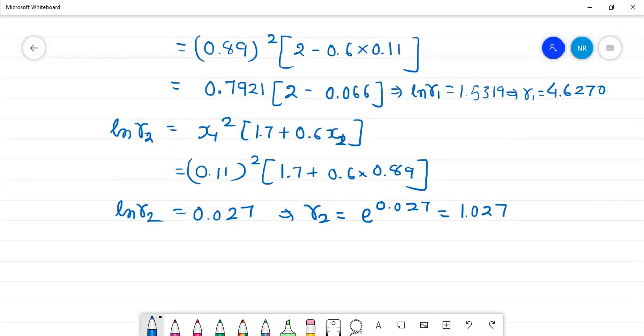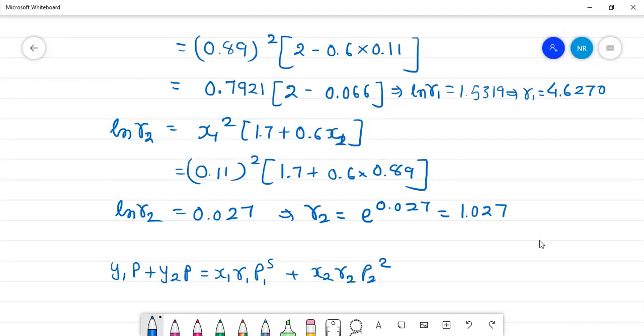So we have an equation now. The equation is P is equal to y1 P plus y2 P is equal to x1 gamma 1 p1 saturation plus x2 gamma 2 p2 saturation.